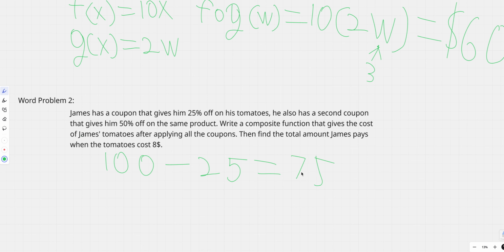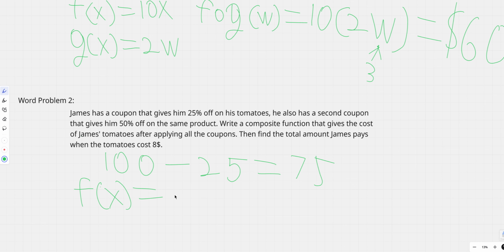So then you're using this to find how much James will pay after applying the first coupon.